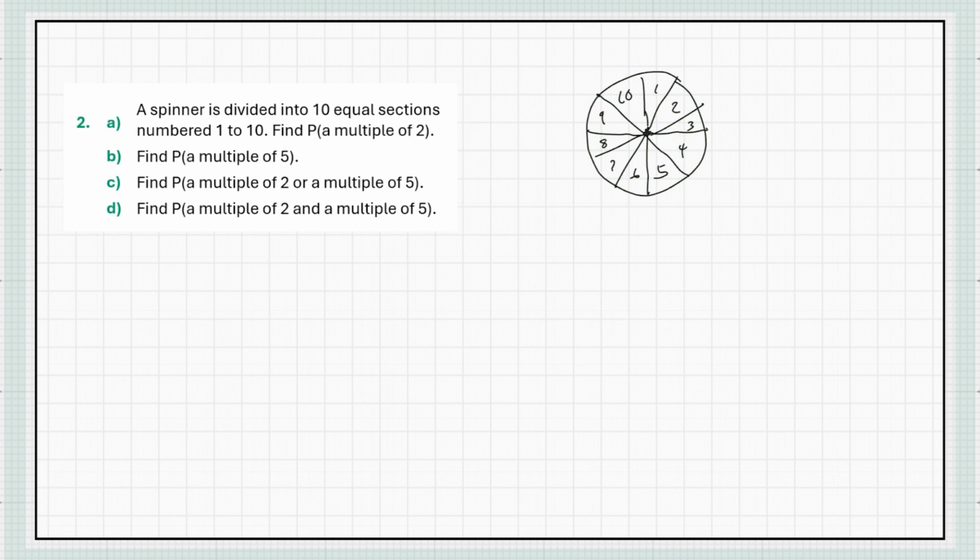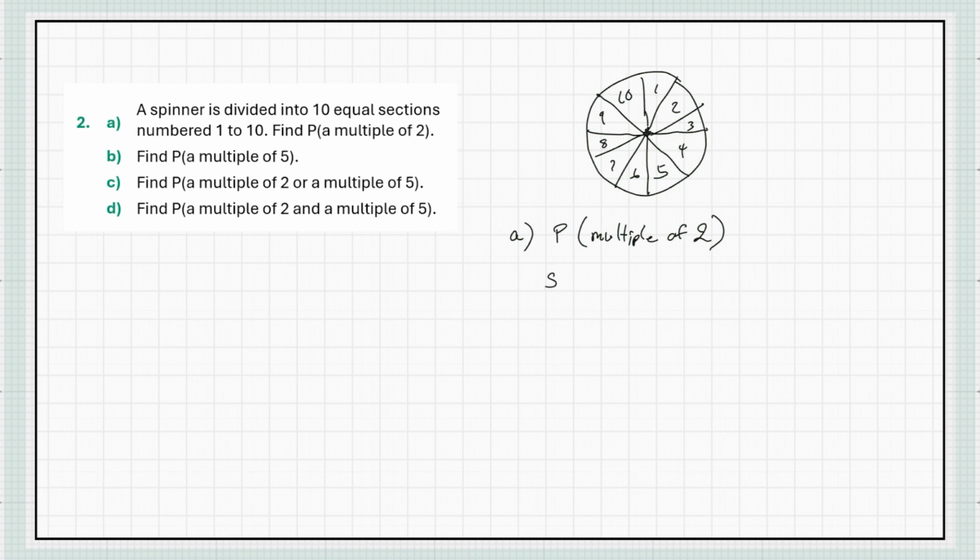So we spin the wheel, we land on one of the numbers, and in our first one it's asking for the probability that it's a multiple of 2. First things first, how many multiples of 2 are there?